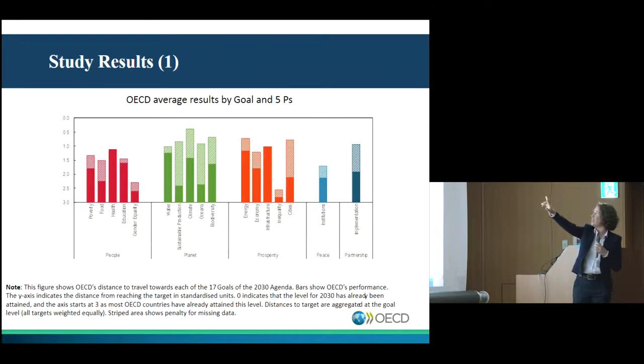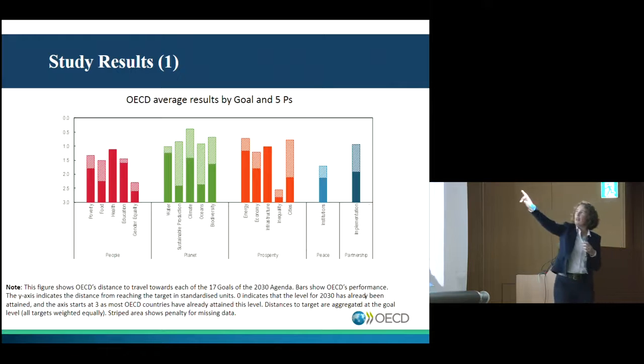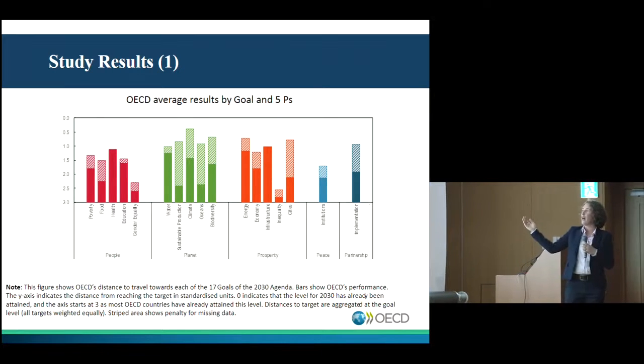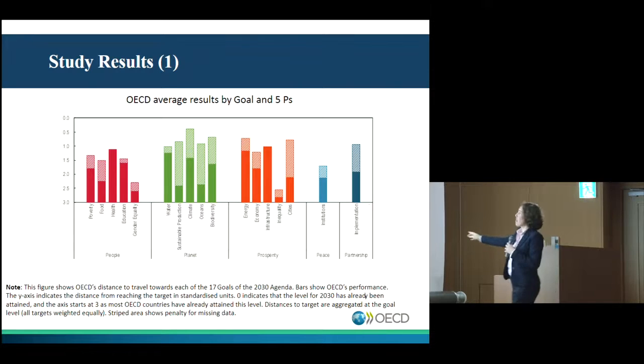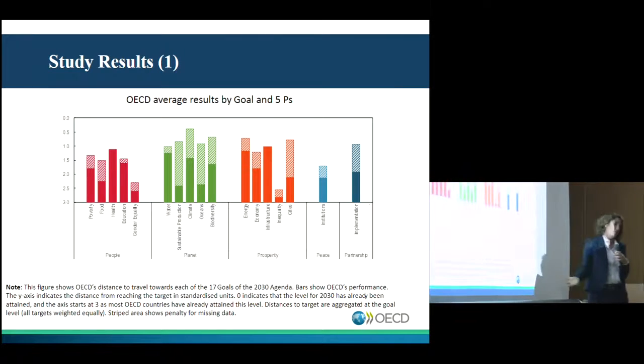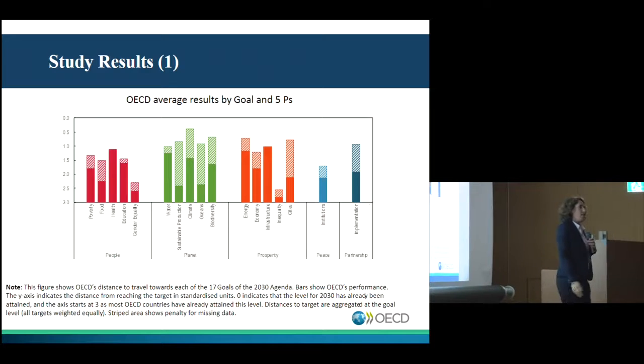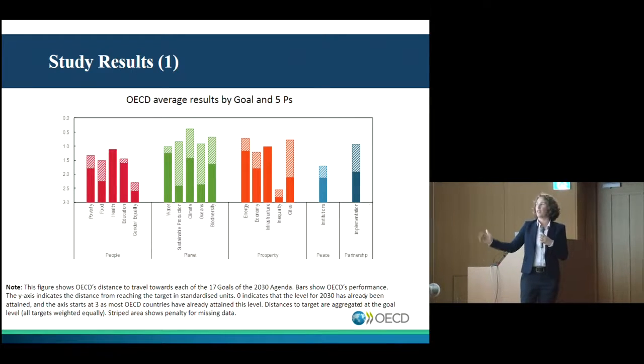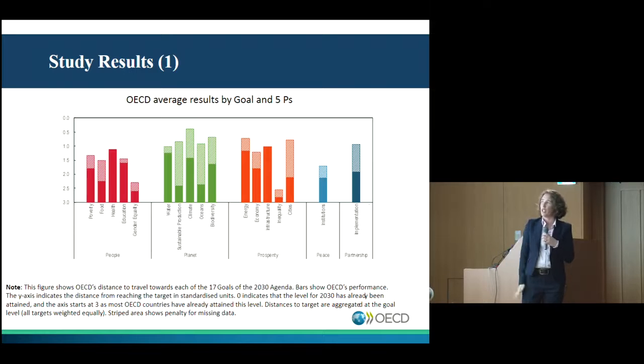At the top you see the 0 line, so that means you're 0 standard deviations away from achieving the target. And we've cut the graph here at 3 because most OECD countries are on average at least 3 standard deviations away or less from achieving most of the targets.